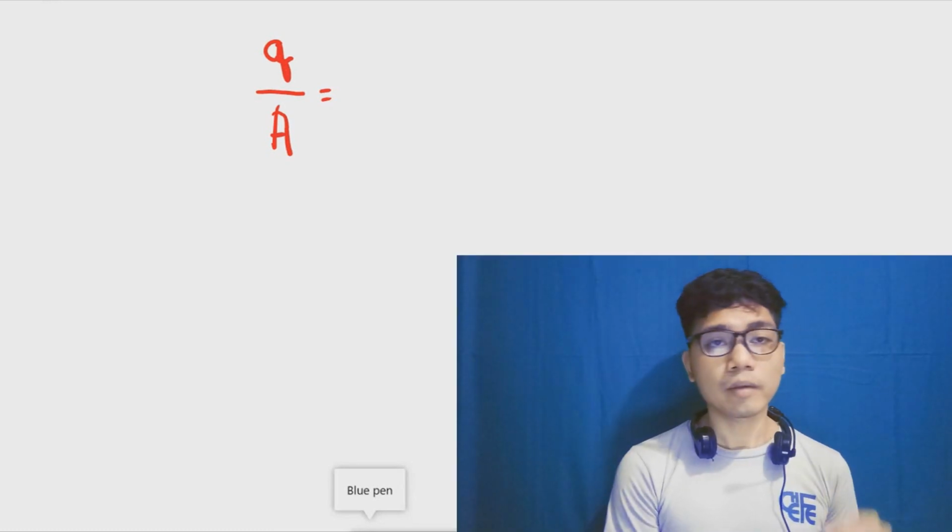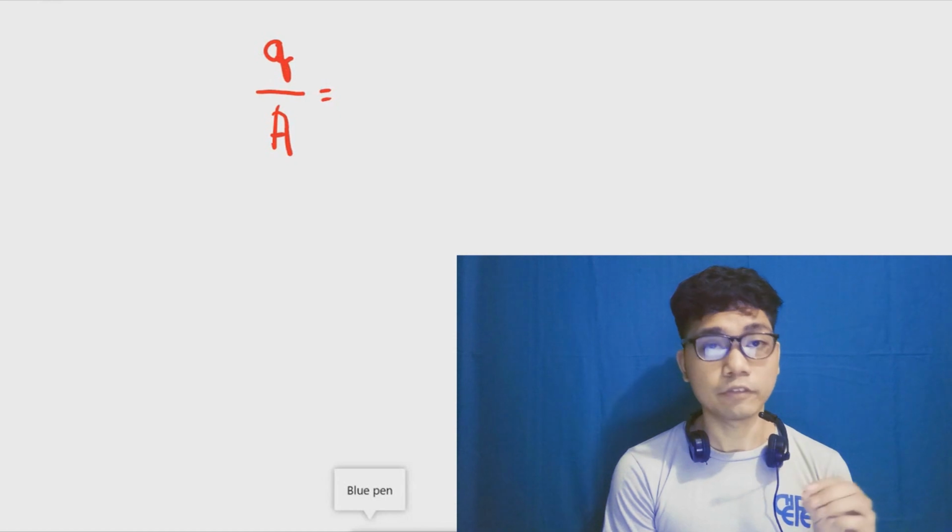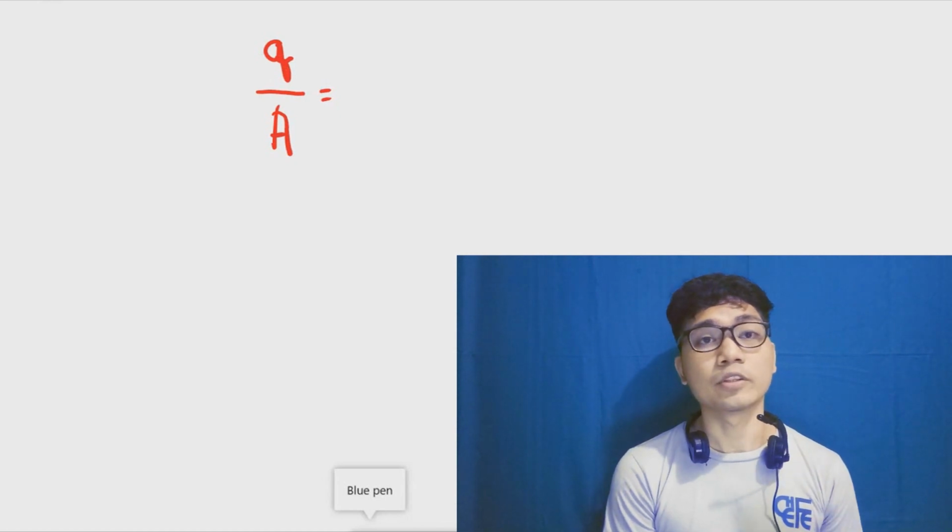So in that case, we represent heat as Q, and then the rate of heat flow per area is equal to the temperature gradient. If we're talking about a gradient, we're talking about the difference of temperature.